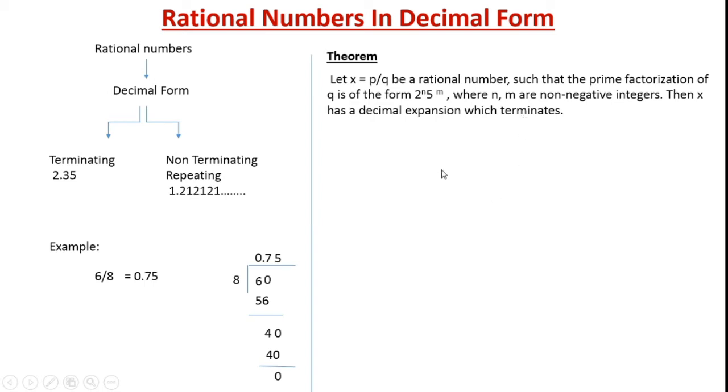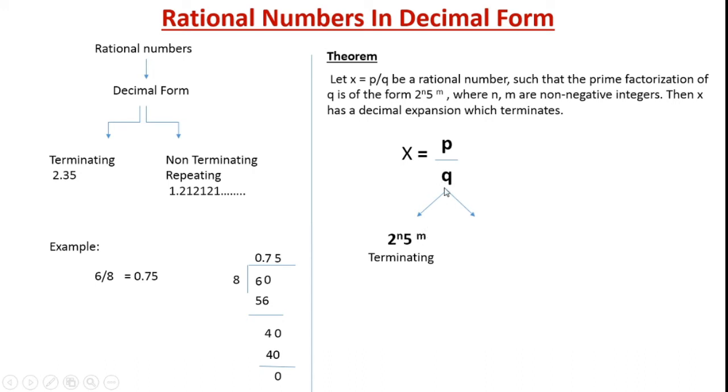What is this? Let x equal to p by q be a rational number, so x is the rational number in p by q format. Now we have to check the denominator's prime factorization.